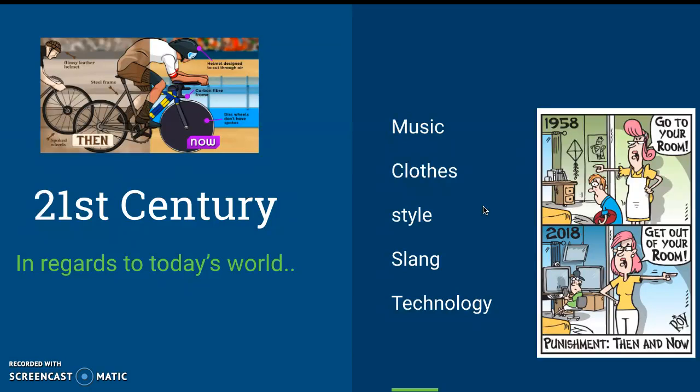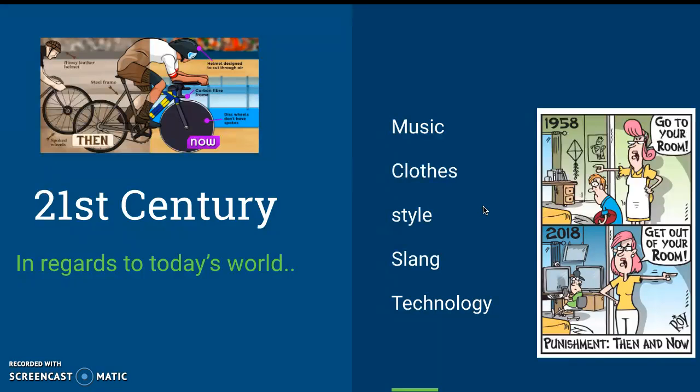And in the other picture on the right, we see a mom in the late 1950s telling her kid to go to his room because he's outside a lot, he's playing, he's being really active, and that's good, but they were always outside because they didn't have the technology that we have now.